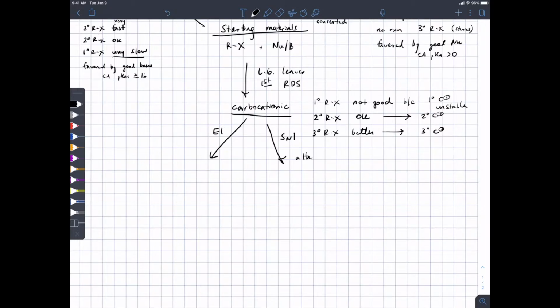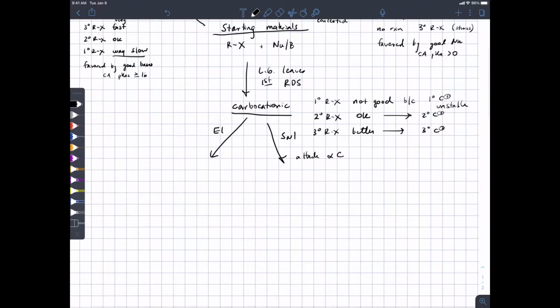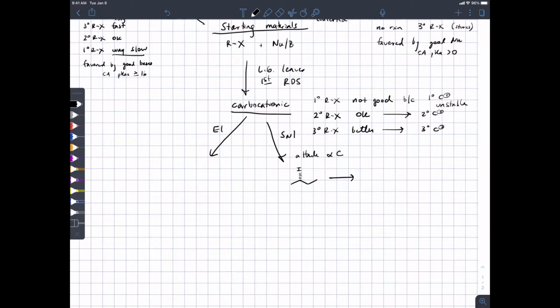SN1 is attack of the carbocation at the alpha carbon to make a substitution product, which, supposing that we had a starting material like this and we used methanol, which is neither a good nucleophile nor a good base, you have to wait for the leaving group to leave.